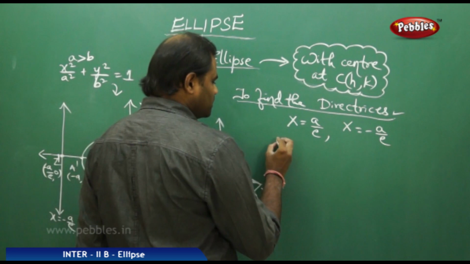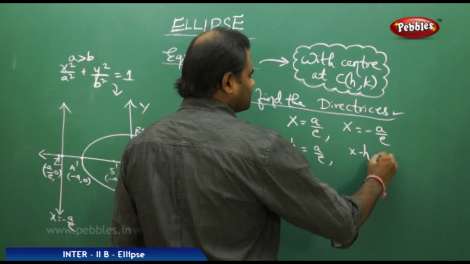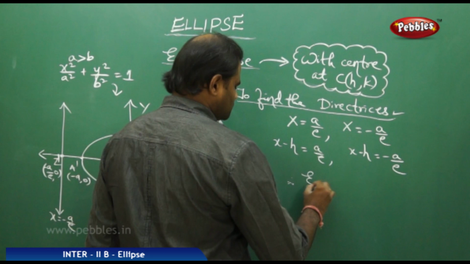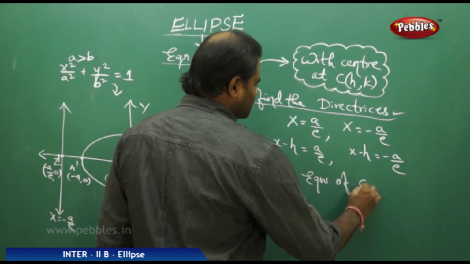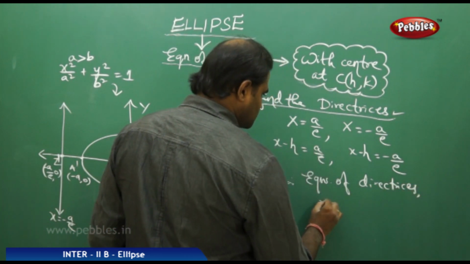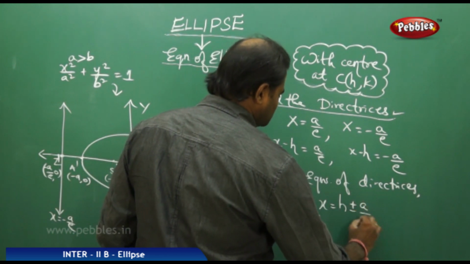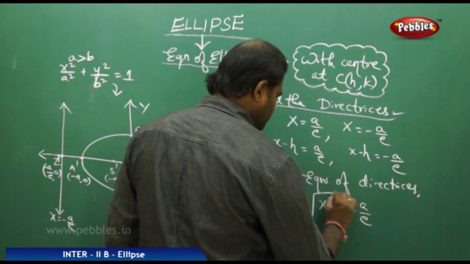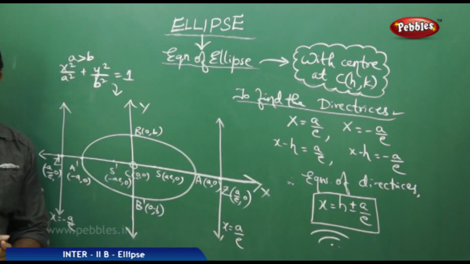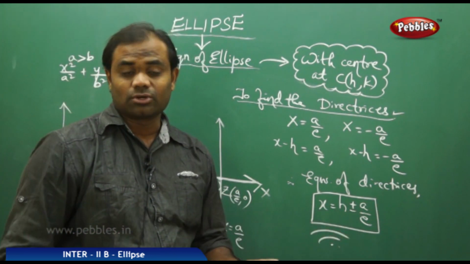Therefore, the new directrices would be, by taking x minus h is a by e, therefore equations of directrices is x equals h plus or minus a by e. This is what we get as the new directrices for the transformed equation: x equals h plus or minus a by e.